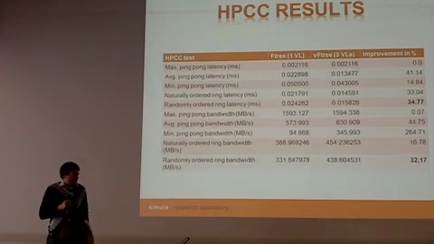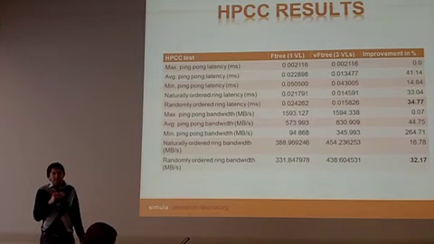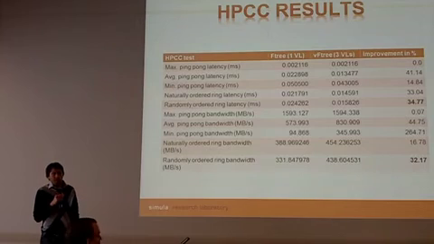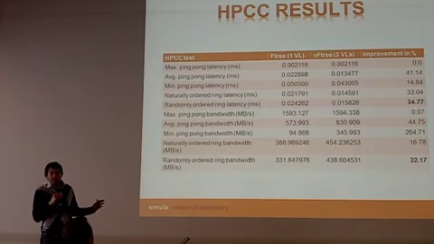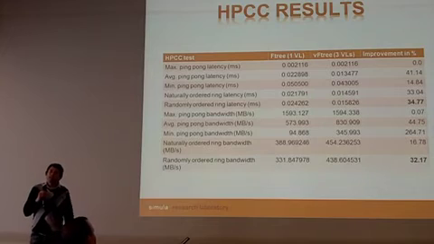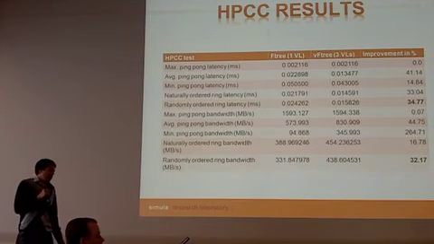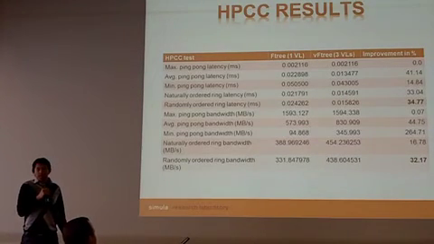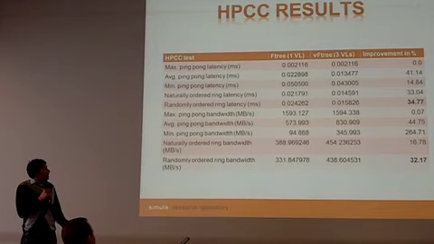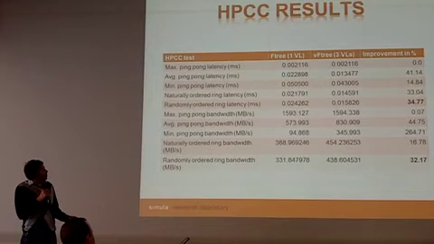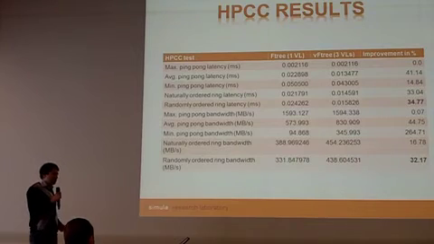So if we now look at some HPCC benchmarks run on the same scenario, where we replace the victim flows with a few processes running the HPCC benchmark, we can see that the latency for the random ring is reduced by 34%, and the random ring bandwidth is increased by 32%.